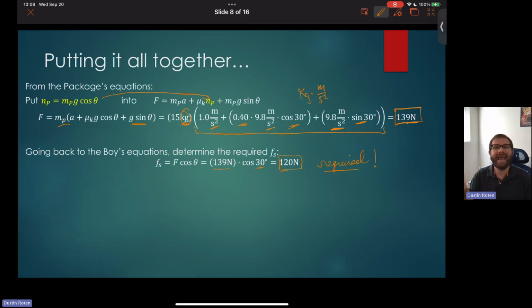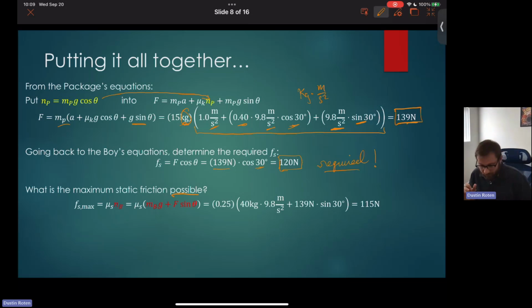Now the question is, can his shoes do that? This is what's required, but what is possible? We may not be able to get 120 newtons. So here's what we can do. We can go back to the boy's equations and actually calculate the maximum friction possible. So we can't get any more than this.